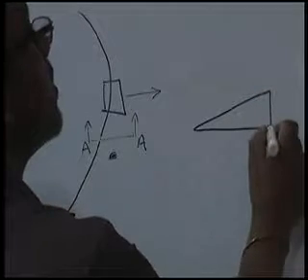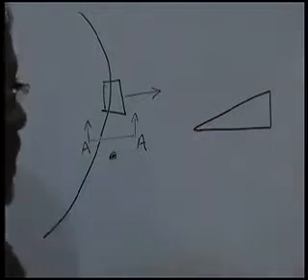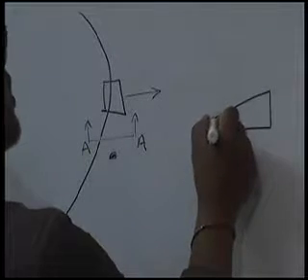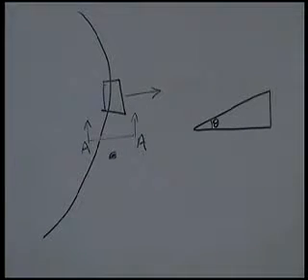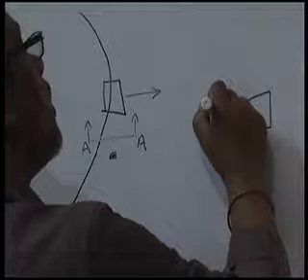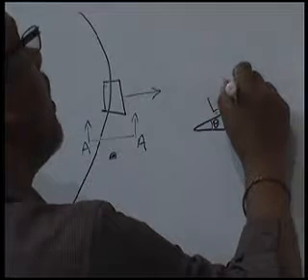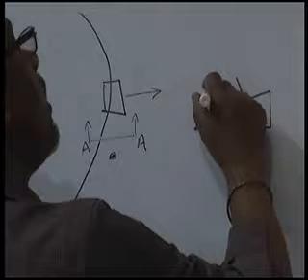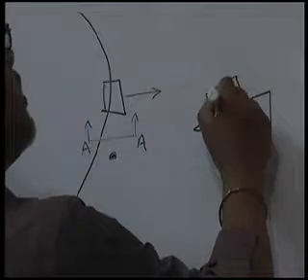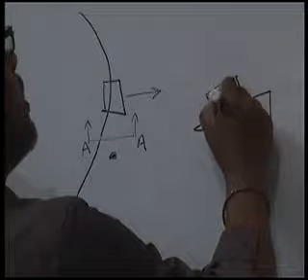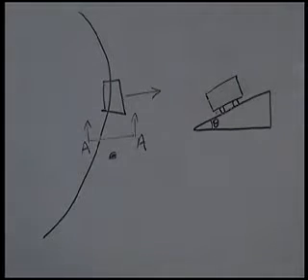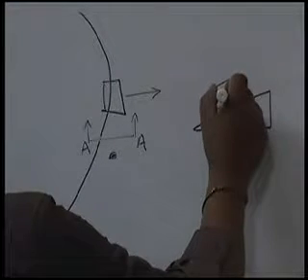Let's say the angle of inclination is theta. This is the vehicle. So take this to be the center of gravity of the vehicle.